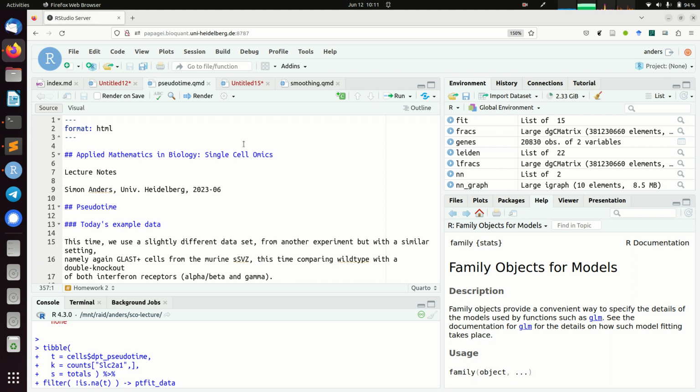Okay, then at least it tries to do something, so maybe I try the other cable. Let's try this one. Okay.